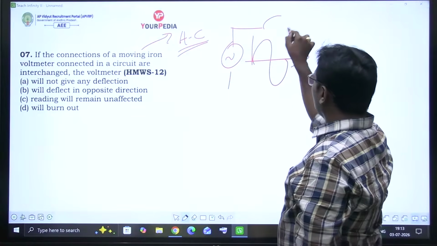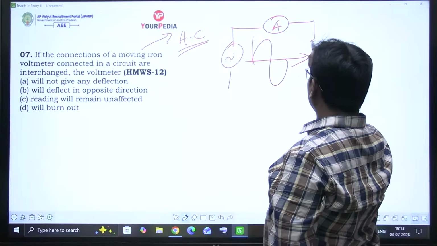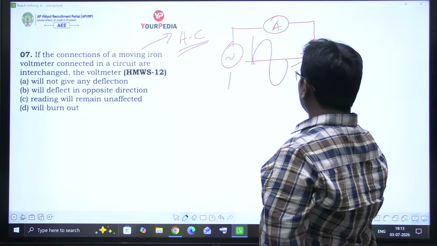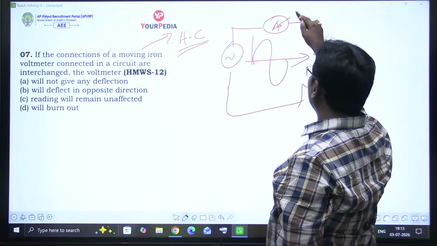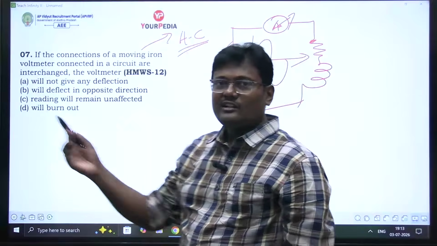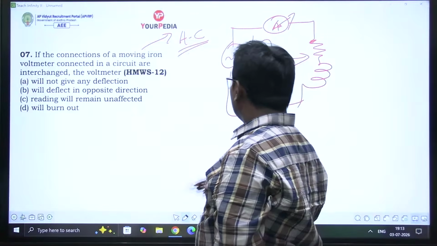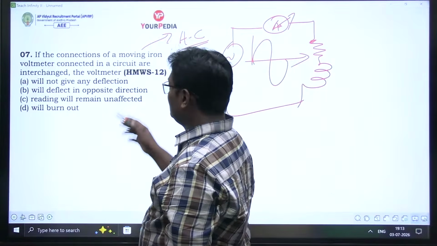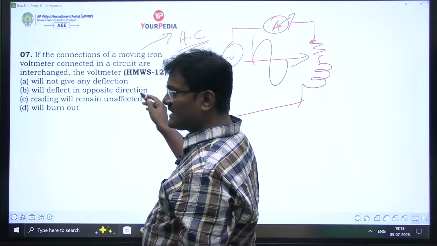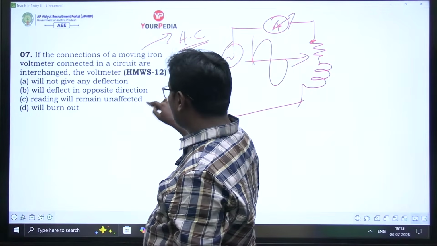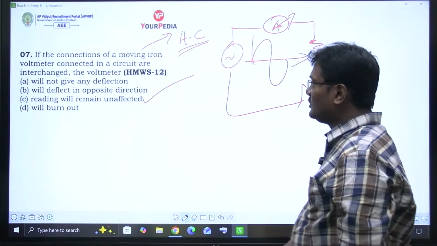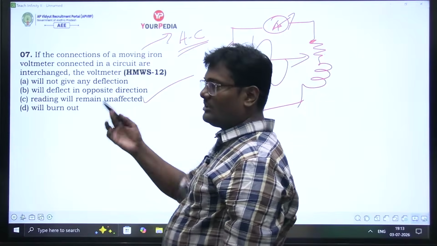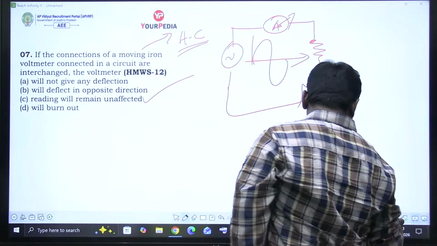If I am connecting a moving iron, is there any change? Only unidirectional, yes or no? Does the pointer move? The reading will not be affected. Suppose if it is DC, the pointer will move in the opposite direction.